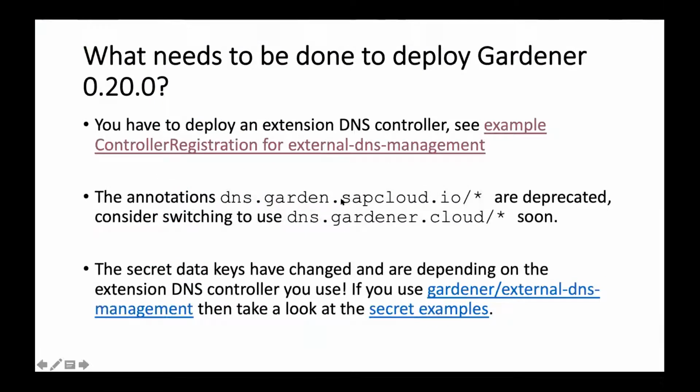Then, as said, the old annotation with garden.sapcloud.io is deprecated. You can still use it, but it will be removed in the future. The new annotation would be with gardener.cloud. And then, of course, the secret data keys are now no longer managed by Gardener. So for the external DNS management controller, you definitely have to change them.